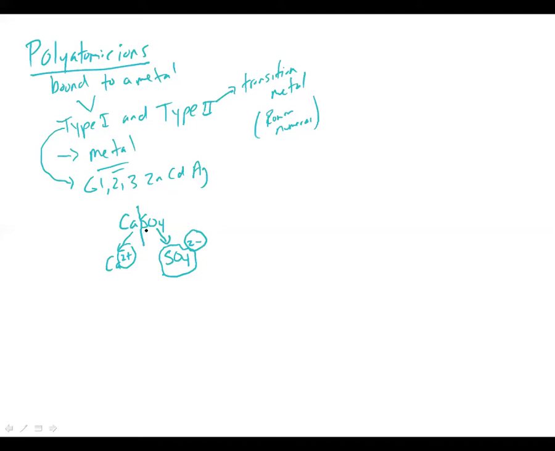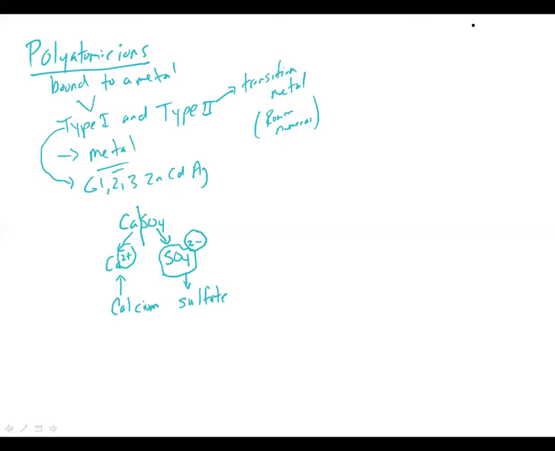We only need one of each of them. Here, the metal is the important guy. Our metal is from group number 2, which means it has a fixed charge. That means our name would be calcium, the whole name of the metal, and then the whole name of this polyatomic ion, which is sulfate. So this would be calcium sulfate. Any questions on that one?